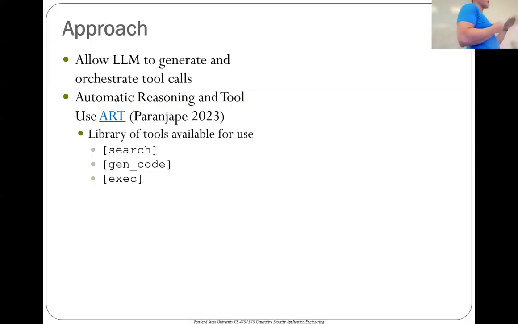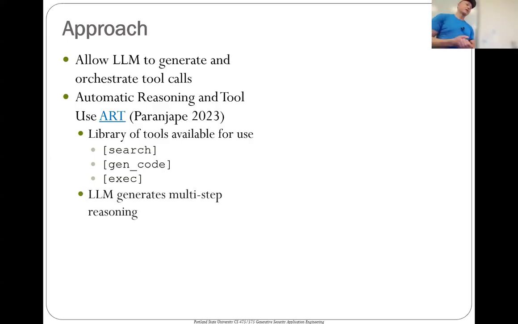So here's an example. I'm going to give the LLM 3 tools. You can search the internet, you can produce Python code, and you can execute Python code. And I'm going to have you take a user's prompt and figure out how to use those 3 tools to answer this user's query. So then the LLM generates the multi-step reasoning plan based on what the user has asked for.